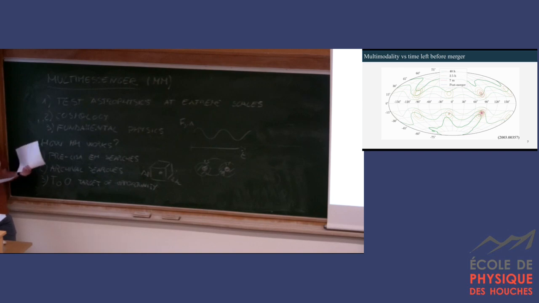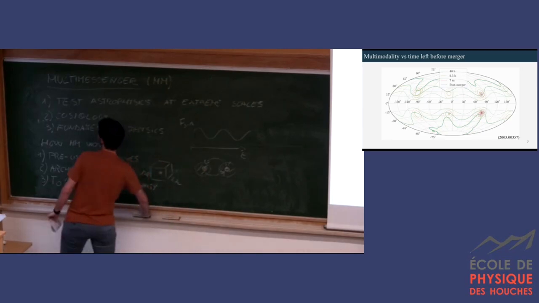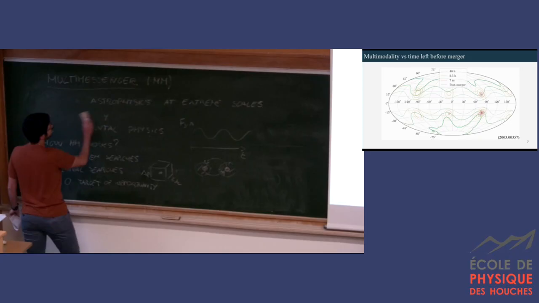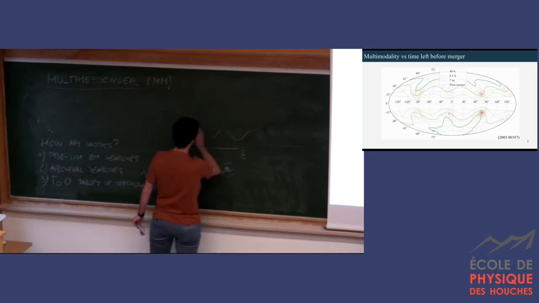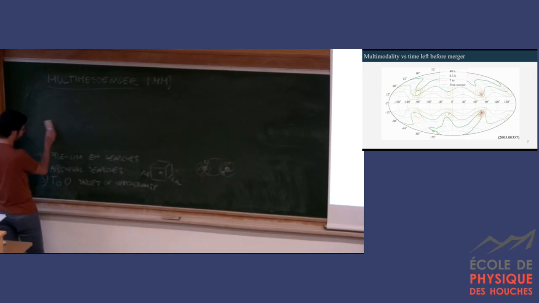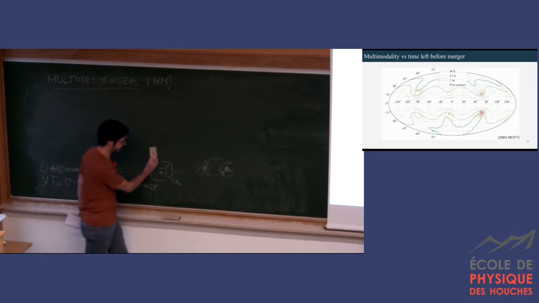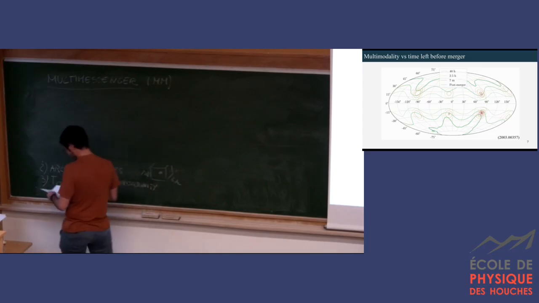Okay, so now that we have seen this, what type of electromagnetic counterpart do we expect from massive black hole binaries? An important point is that at the moment we have no electromagnetic counterpart from a massive black hole binary, and it's not because we don't have massive black hole binaries.